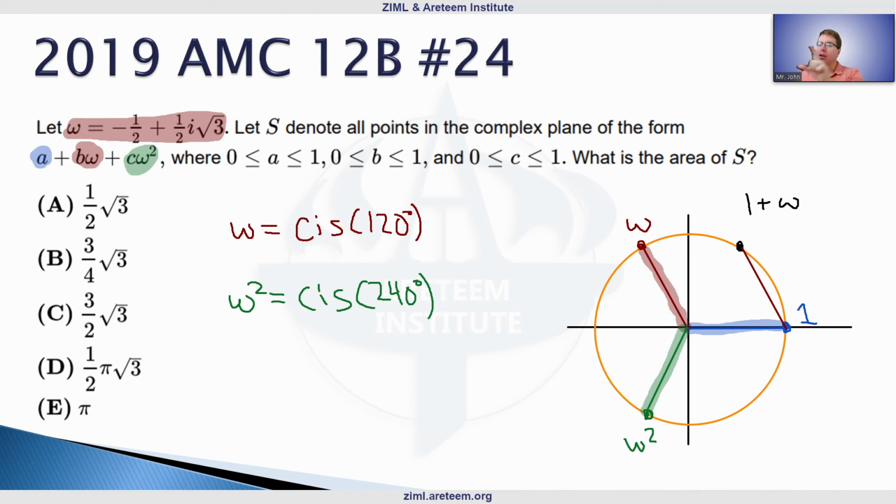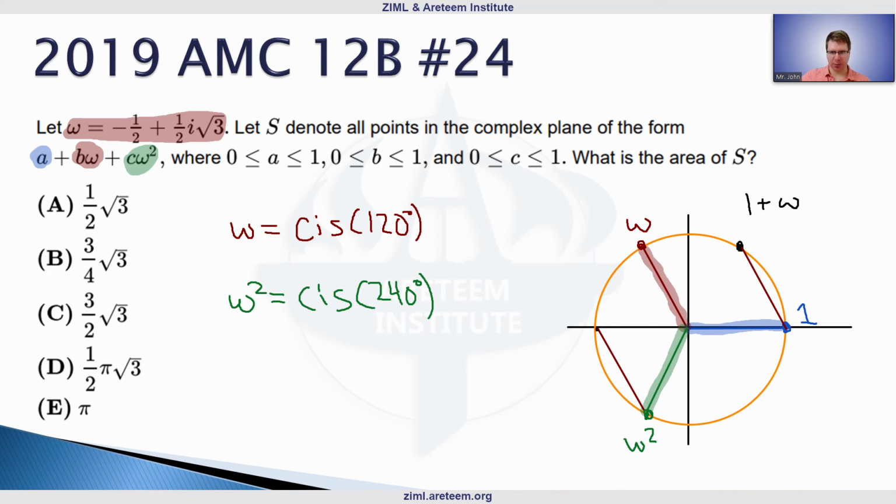We can copy over that omega, and that allows us to go up to the left at this 30-degree angle from north, if you like. And notice that we could do that same thing from omega squared. So this over here is going to give us our point in the edge case.